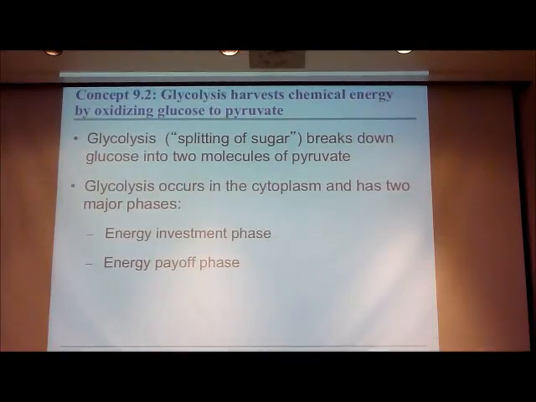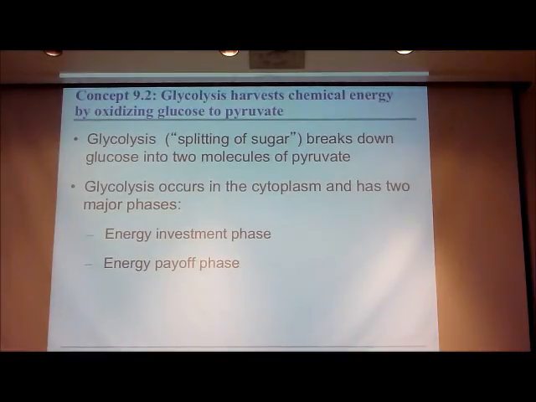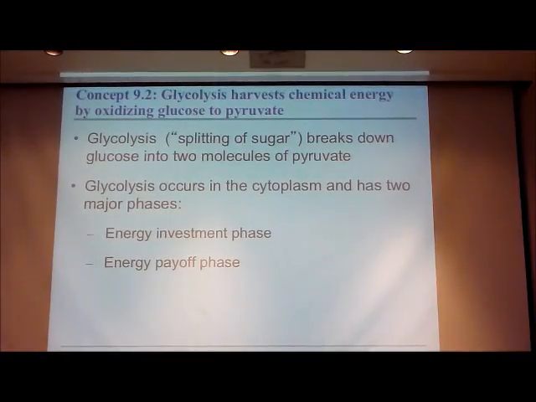Okay, so as its name implies, and as we've discussed numerous times before, glycolysis is the splitting of sugar. So what we're doing primarily in glycolysis is taking a molecule of glucose and splitting it into two molecules of pyruvate.